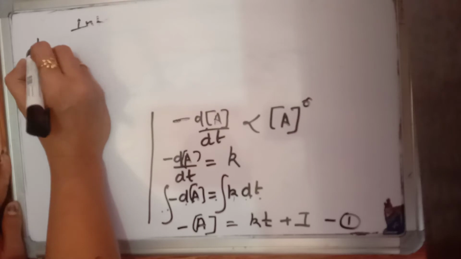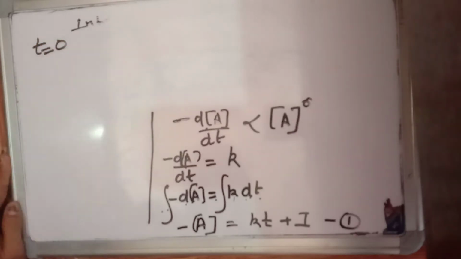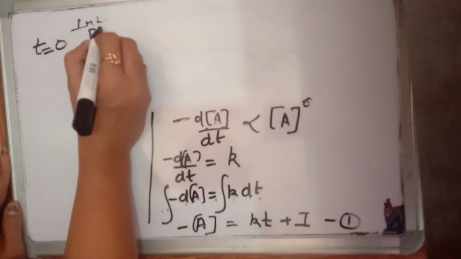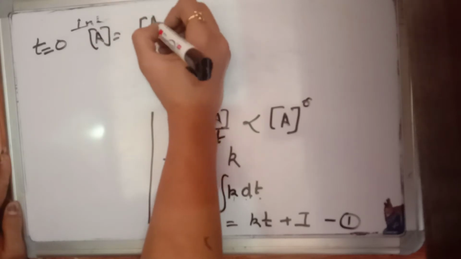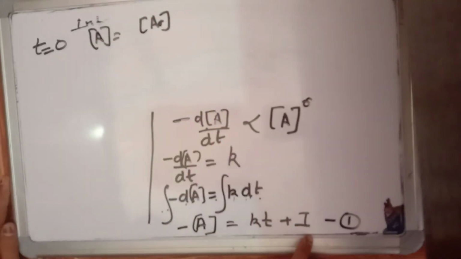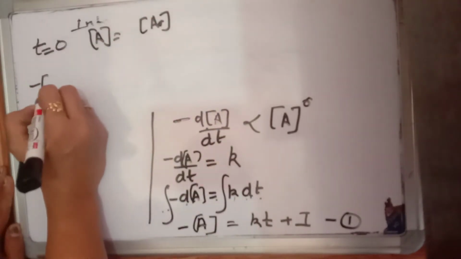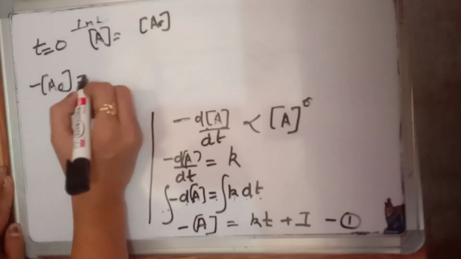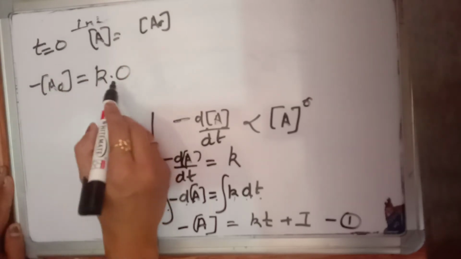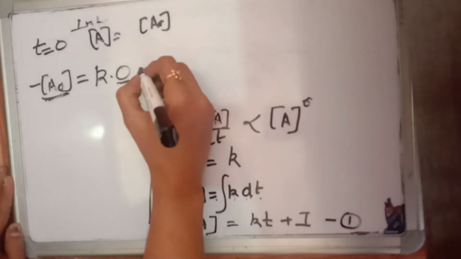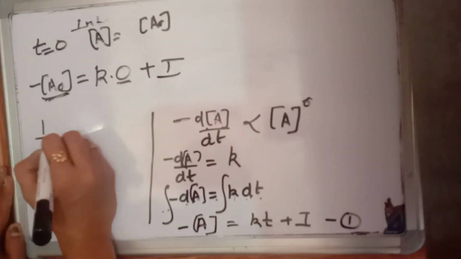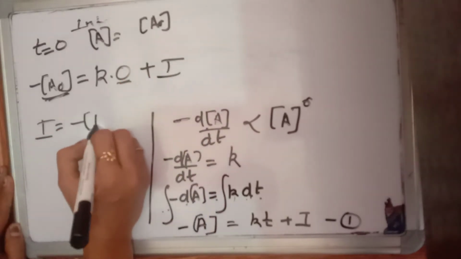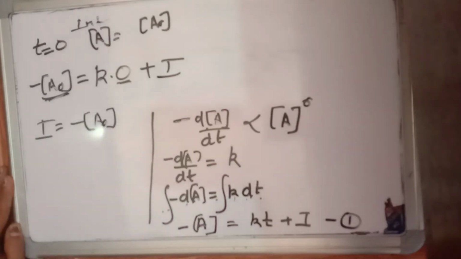We know that at time equal to 0, A was equal to A naught. So we'll put these values in equation 1. On the left hand side it is A naught and k times 0, because when time is 0, A is equal to A naught, plus I. So I comes out to be minus A naught. Okay.